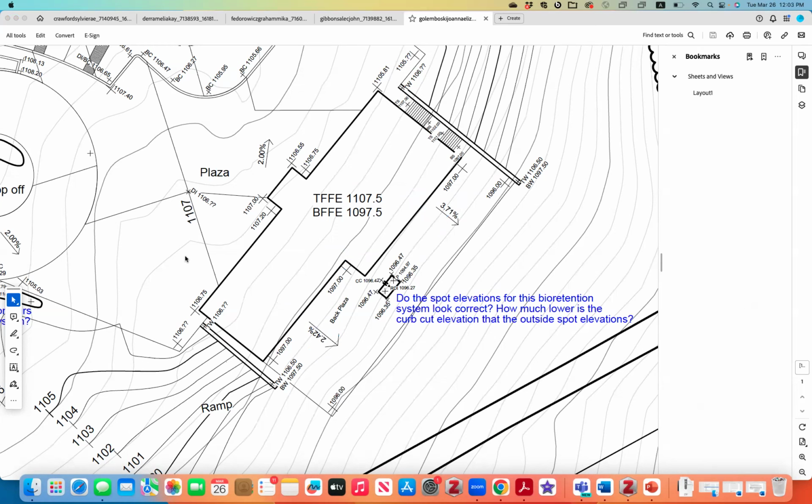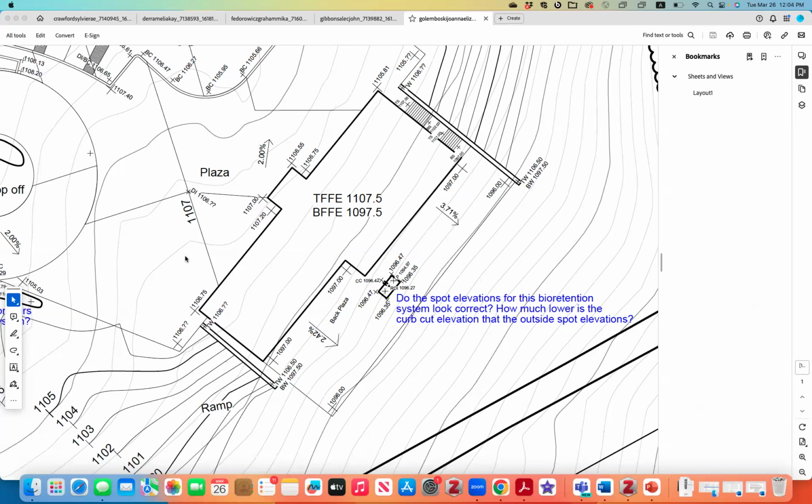You would, depending on how you design it, right? If you direct the water down to a drain on the plaza, and then the drain directs to the retention, then you need to. But if you design a downspout and the downspout pours into the bioretention, then you don't have to.